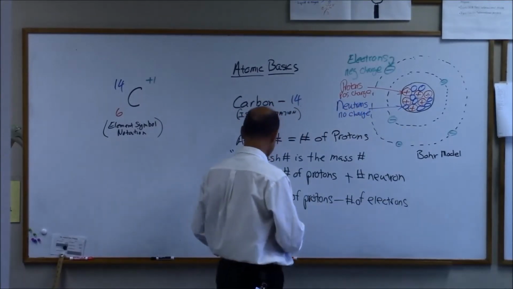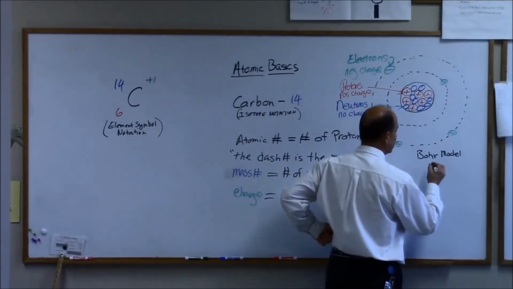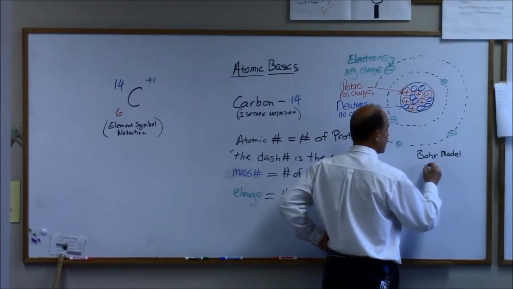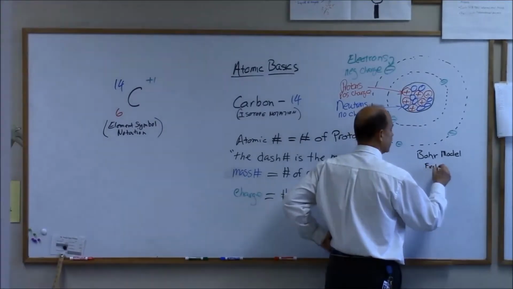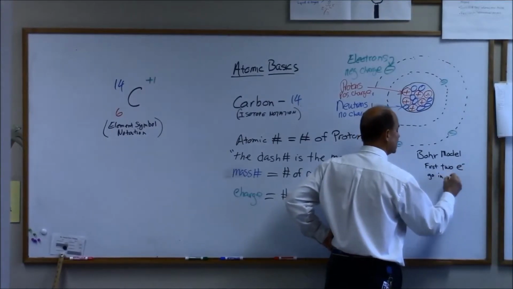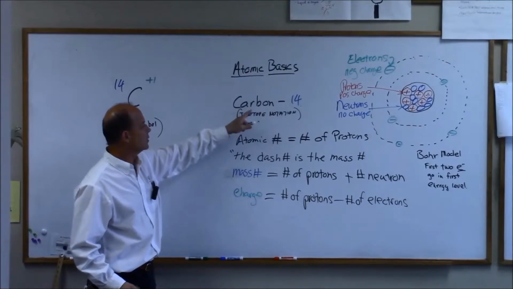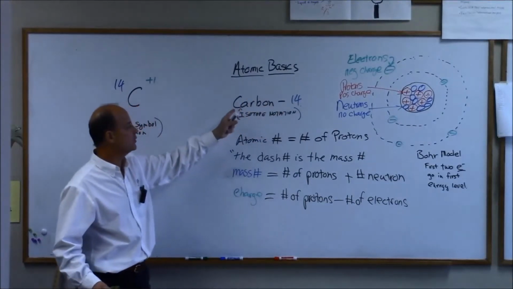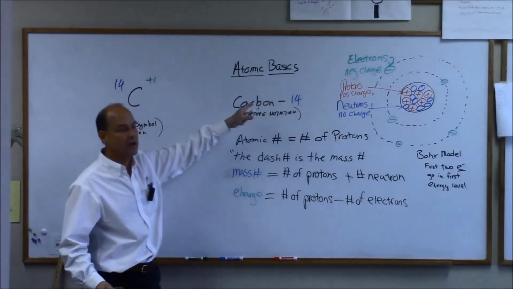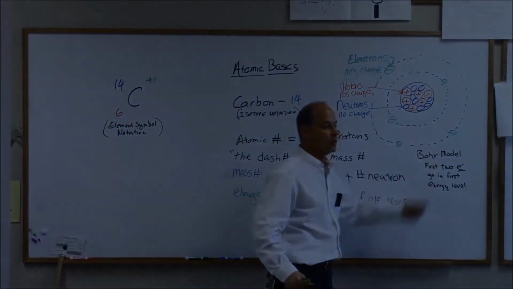You might make yourself some notes based on what we're talking about. First 2 electrons in first energy level. So this tells you a lot. Carbon-14. Carbon tells you 6 protons. 14 is the mass number. From that, you can figure out the number of neutrons. Once you know the number of protons, neutrons, electrons, you can make yourself a Bohr model.